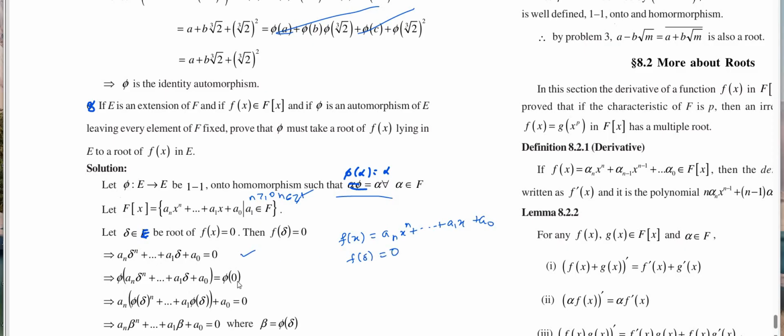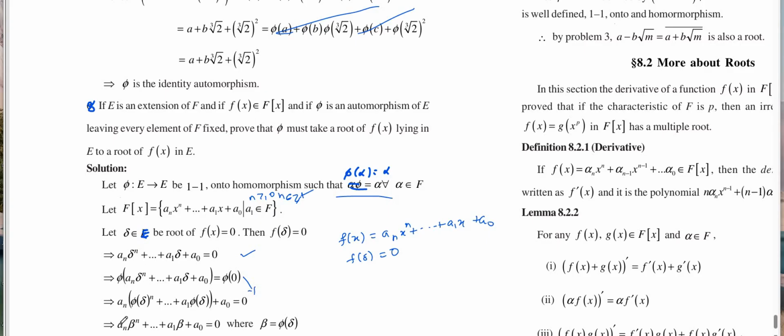Now we apply phi on both sides. Phi, being a homomorphism, takes 0 to 0, identity to identity. So we apply phi on both sides, to a and delta power n.